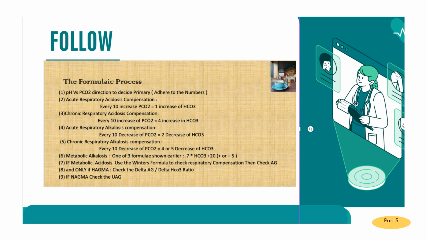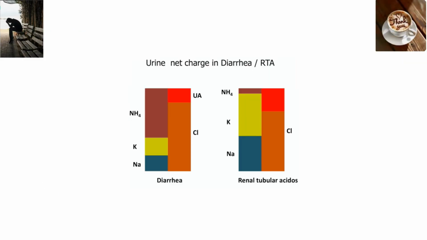Hopefully, I plan to do NAGMA, urinary anion gap, and the osmotic gap analysis in another presentation in detail. This is just an introductory slide of the urinary anion gap. From what we've discussed about the anion gap process and physiology, have a look whether you could work out how the urinary anion gap could be useful.